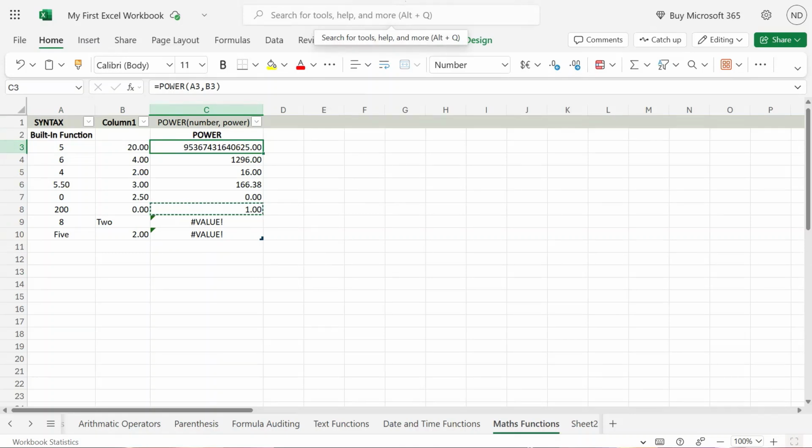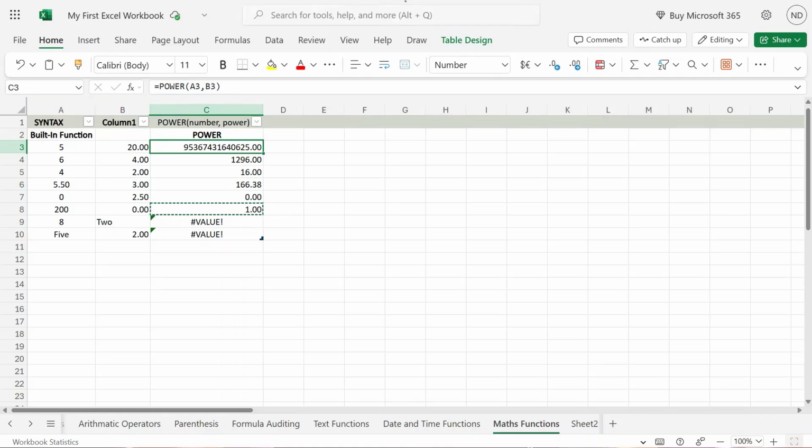So 4 raised to 2, 3 raised to 6. How many times you want to multiply a particular number, you can specify in the power, and the actual number has to be in the base.